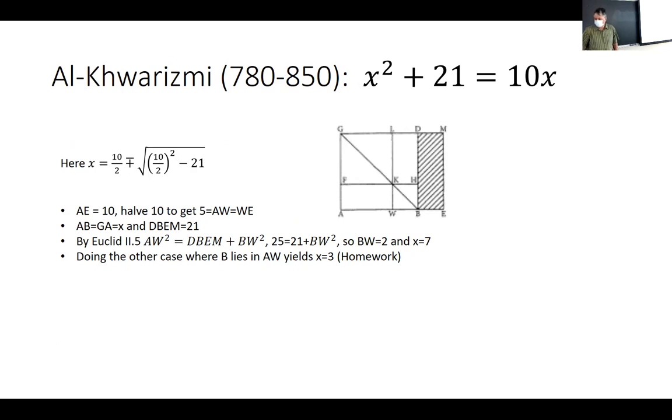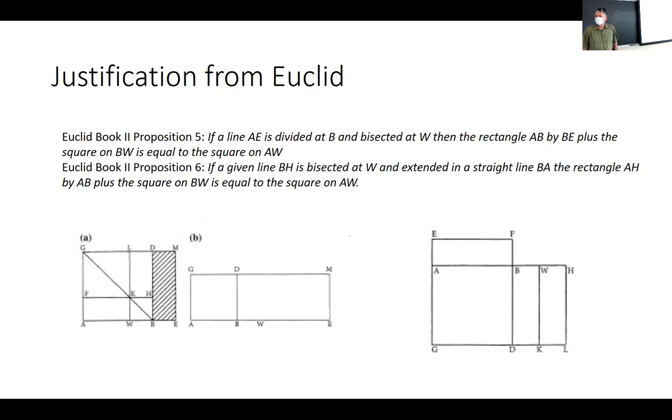Why is that true? Let's go back to here. Let's just do an arm waving kind of proof of why this is true. So we're saying that AH by AB rectangle... did I do this right?